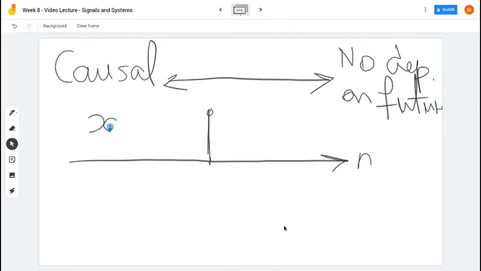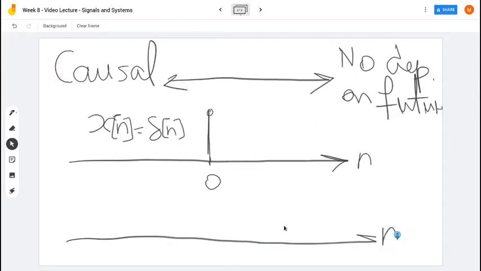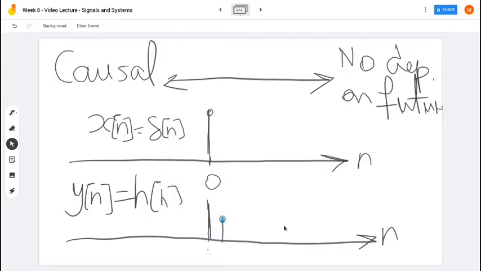If this is x of n, the input to the system, and it's equal to delta of n, an impulse at instant 0, then a causal system would start responding to such an input and create an output y of n, which is h of n, the impulse response, starting from instant 0 and after that. So if the impulse response takes this form, it is a causal system.